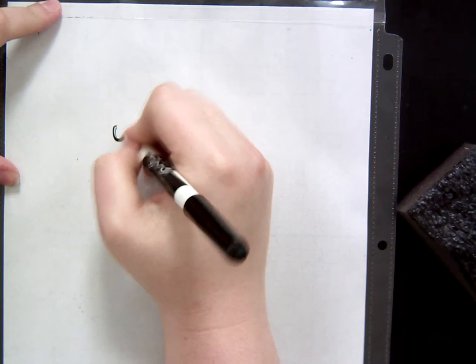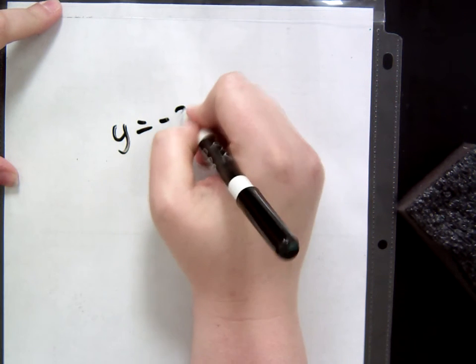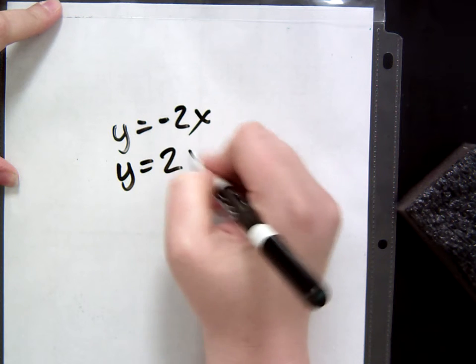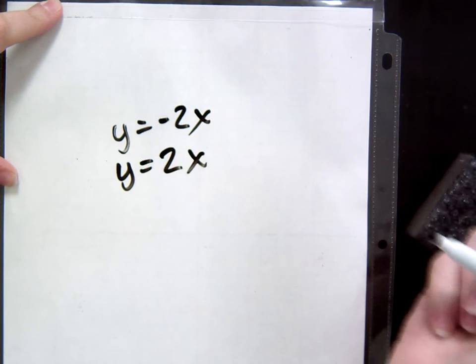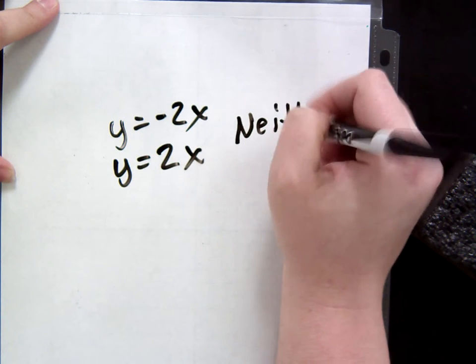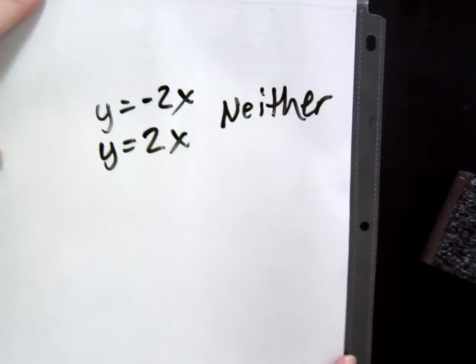If that happens, well, it can take one of many different forms. So it might be that you have slopes of maybe negative 2 and positive 2. They're opposites, but they're not reciprocals. These are neither parallel nor perpendicular.